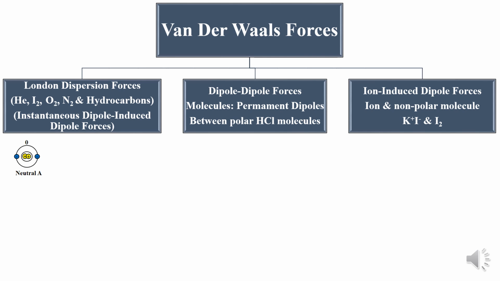In the neutral helium atom, you will find the nucleus contains 2 protons and the outermost valence shell contains 2 electrons. We all know that electrons are always in constant motion, and as a result, there is a temporary or momentary fluctuation in the electrons.